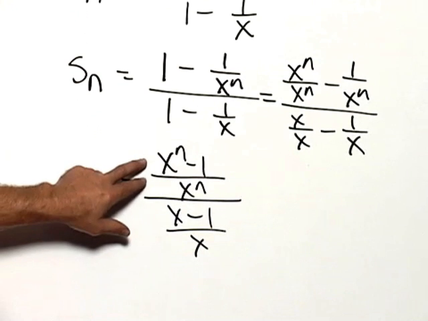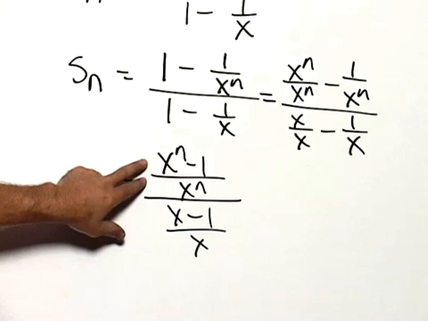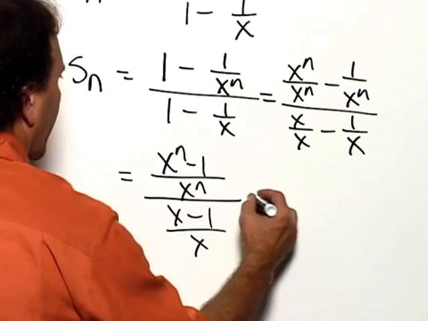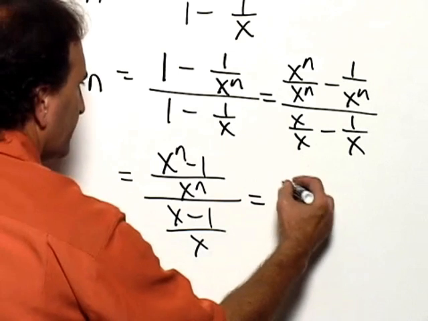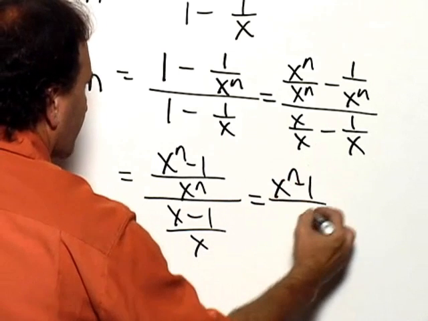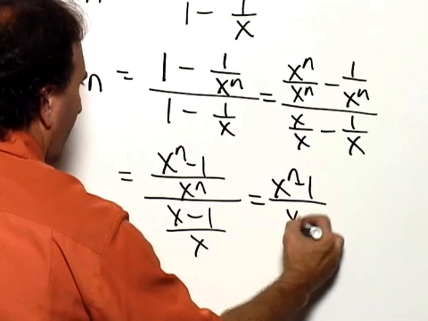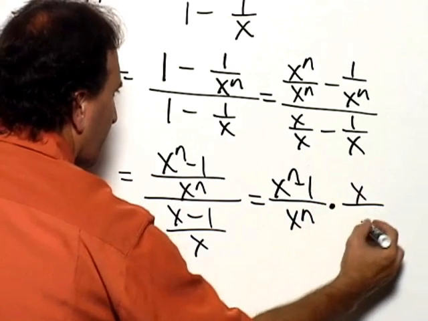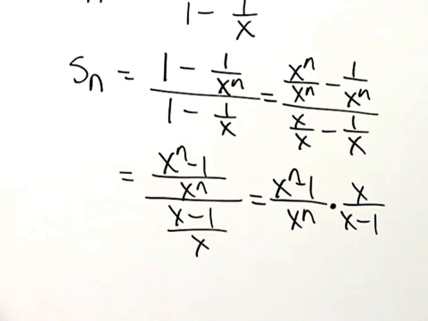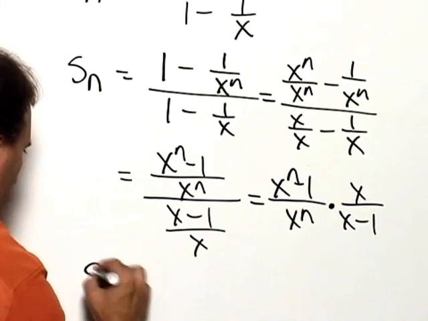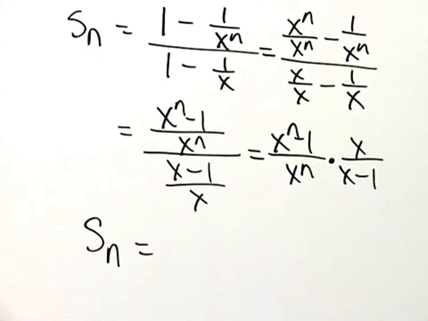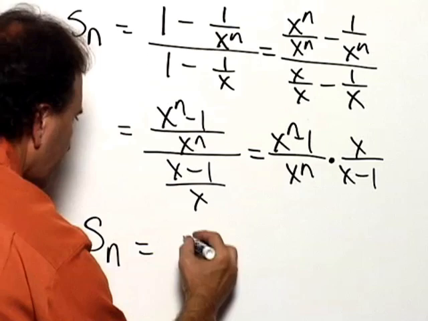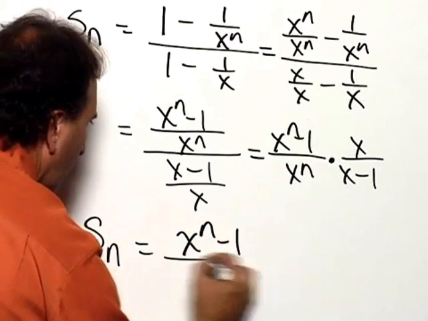We're dividing an algebraic fraction by another algebraic fraction, which means we can change that into multiplication by the reciprocal. So it's x to the n minus 1 over x to the n times the reciprocal x over x minus 1. So our formula for S sub n is going to be x to the n minus 1 over.